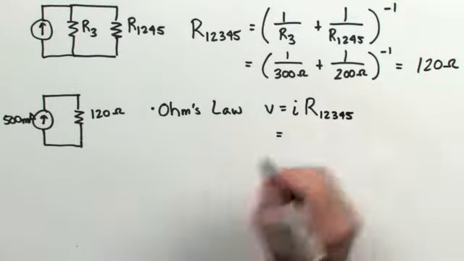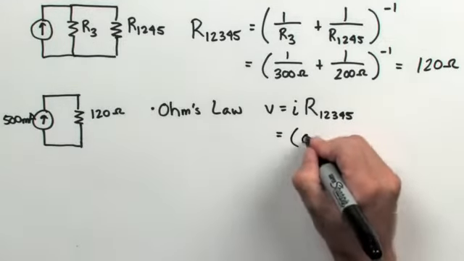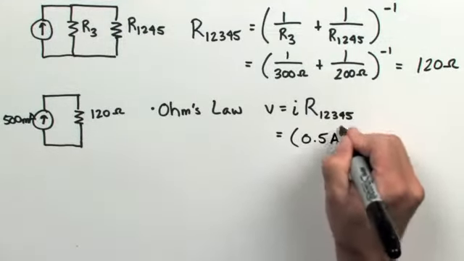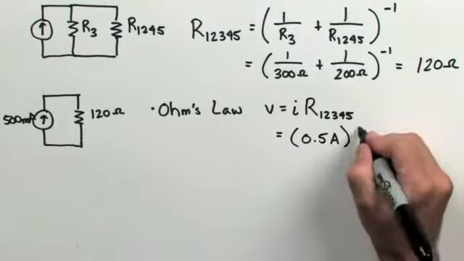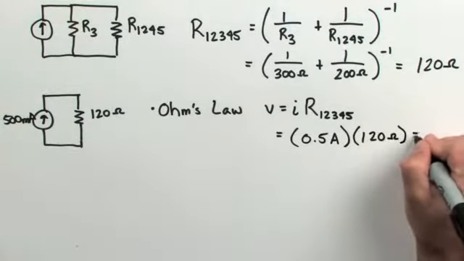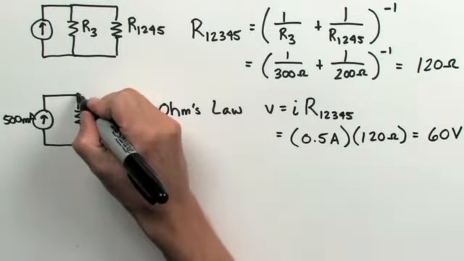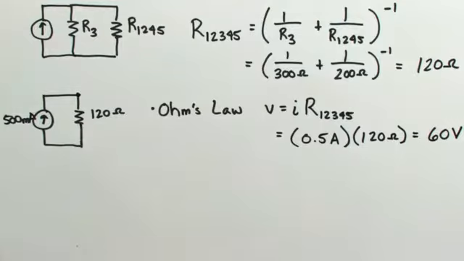In this case, I'm given 500 milliamps of current, which is the same thing as 0.5 amps, multiplied by the equivalent resistance, 120 ohms, which means that 60 volts worth of potential is going to be developed across this entire equivalent resistance.